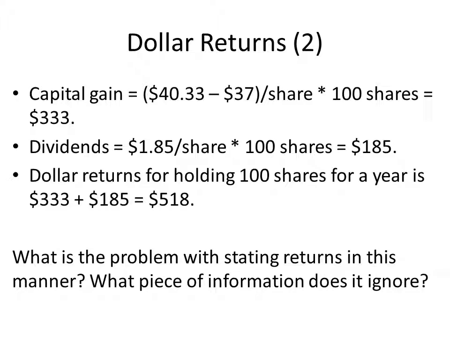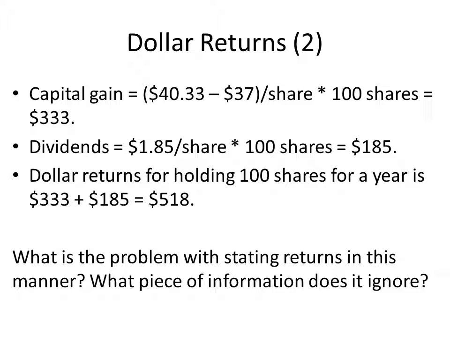So what's your dollar return on that stock investment for the year? Well, we need to figure out what the gain is from both of the sources that we discussed previously. Let's start with the capital gain. If you sold the stock for $40.33 per share, but you only paid $37, that means that you made $3.33 per share. And since you purchased 100 shares, we need to multiply by 100 and find that our dollar gain for the capital gain is $333. Now for dividends.